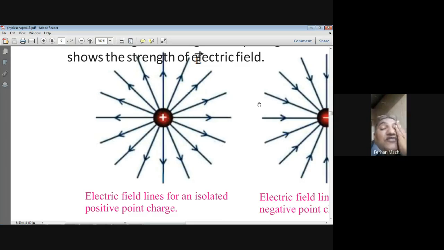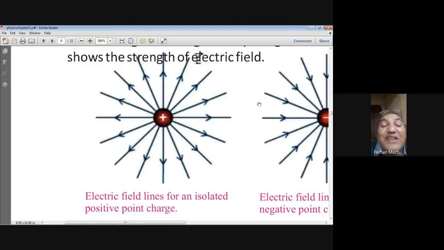If you have a positive charge, these lines I have shown are coming out of the positive charge. So whenever you have a positive charge, these are imaginary lines.